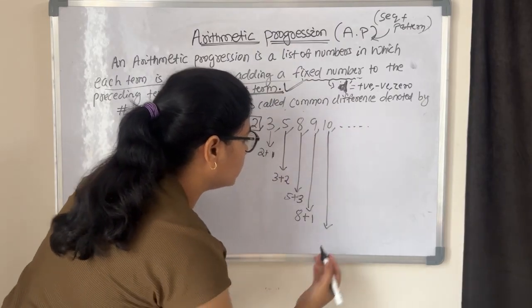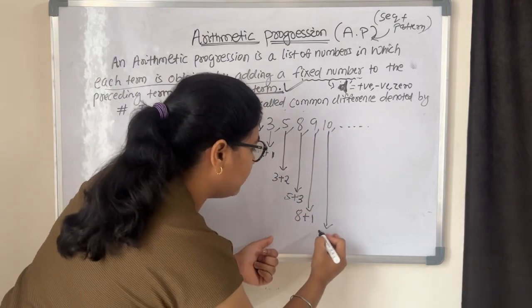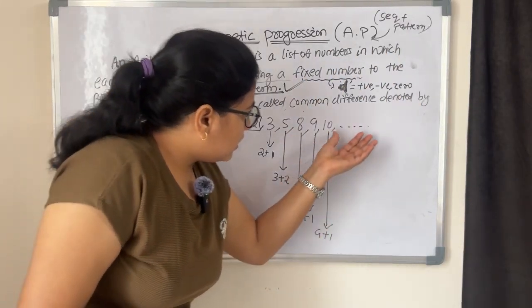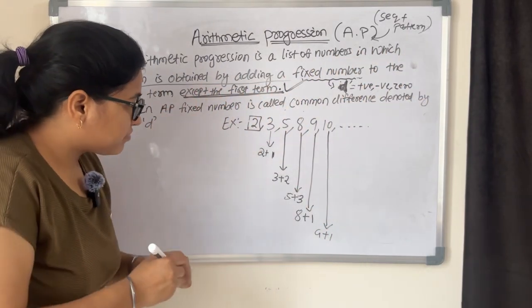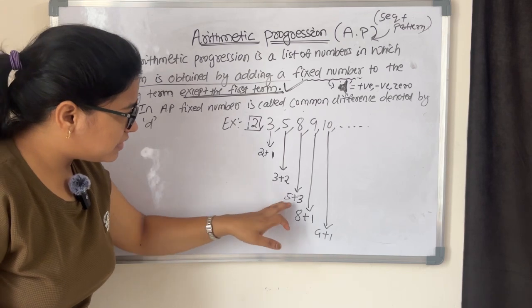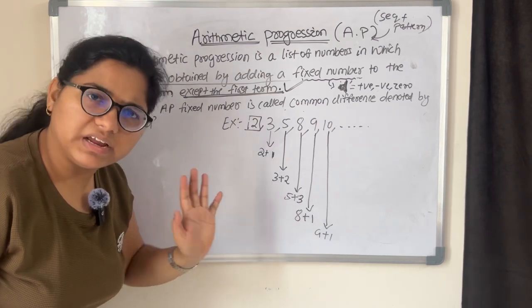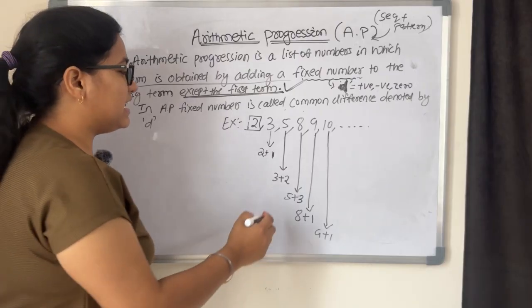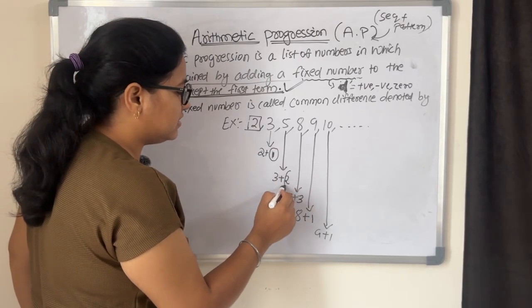See how this is going. 9 plus 1, this is 10 and we don't know. Then in this way we will be going. See, preceding term, preceding term, preceding term. It came. But the common difference is not the same for each term.